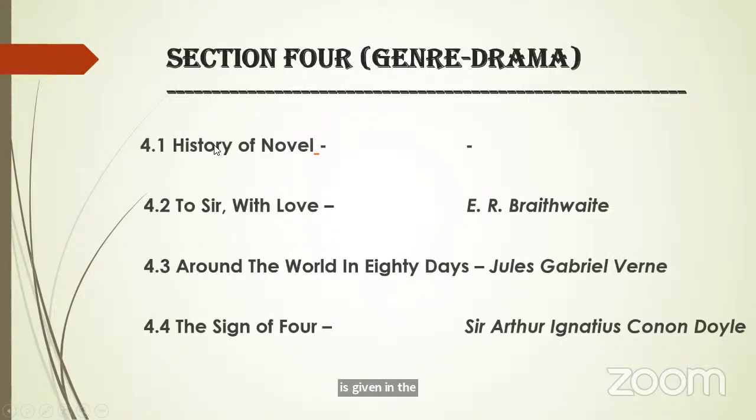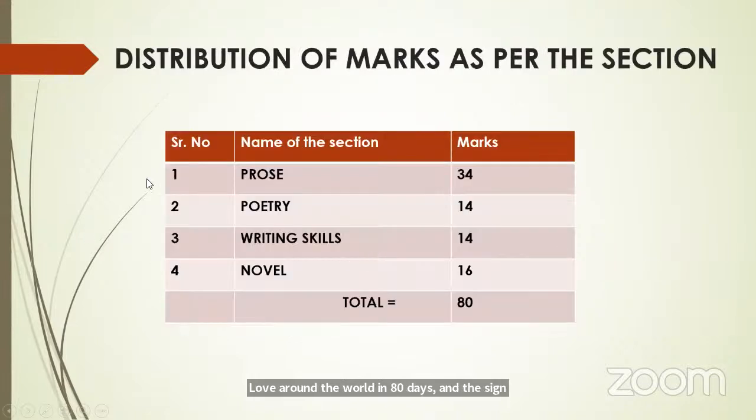Then from the 4th genre, that is the history of the novel, you have 4.2 To Serve with Love, Around the World in 80 Days, and The Sign of Hope.